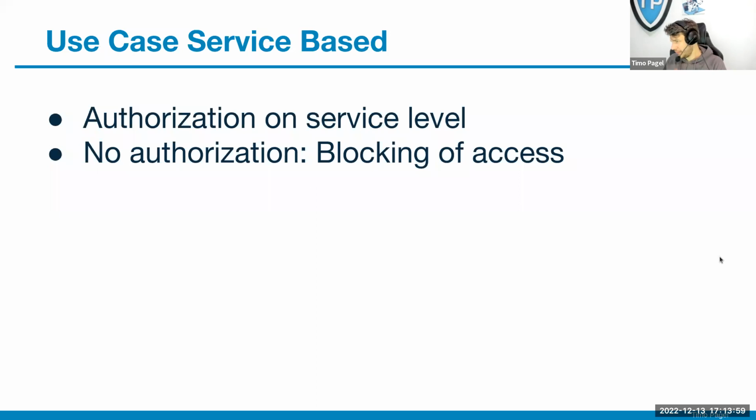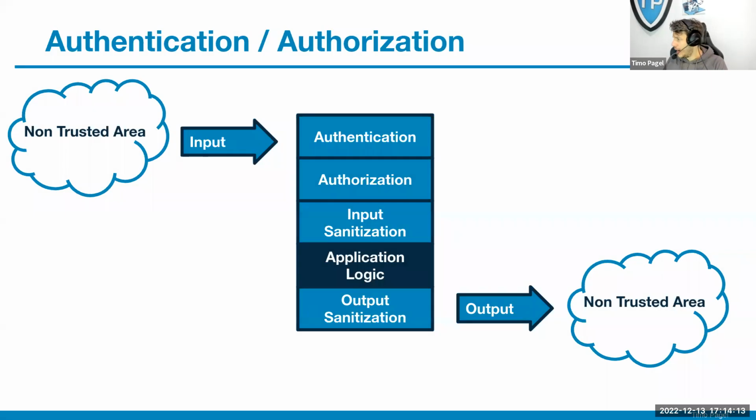So we discussed already the authorization is on the service level. In case it's not authorized, then you block the access. Here is an example of how you can see an application from a security point of view.